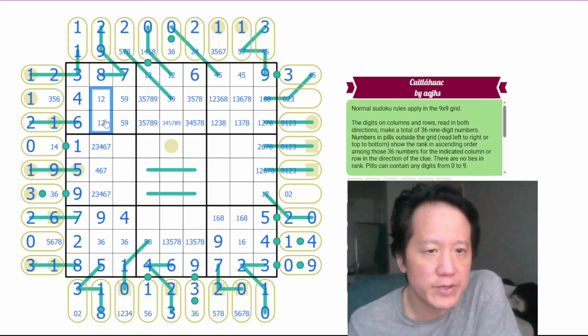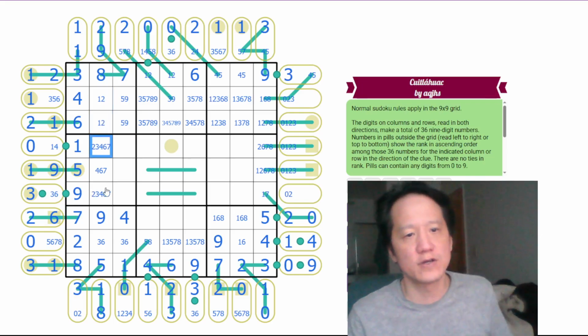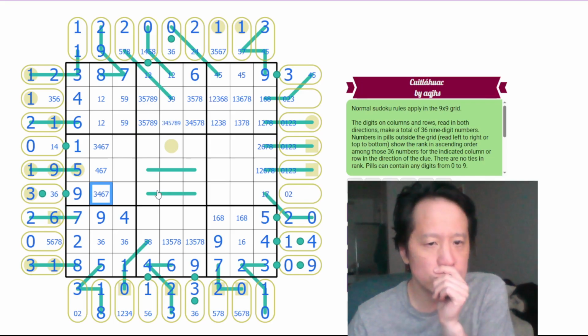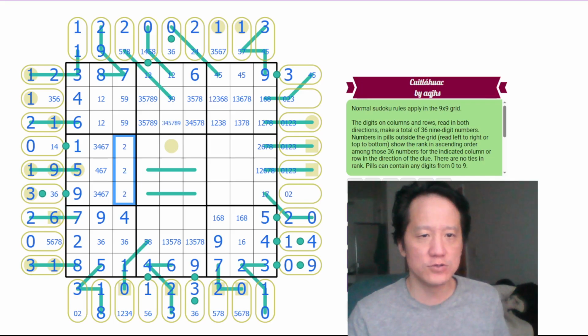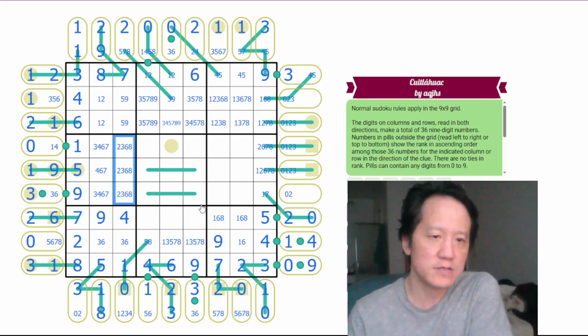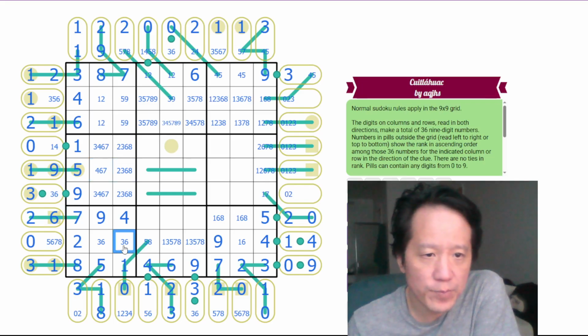This is a 1, 2 pair, which eliminates 1 and 2 in the rest of the column, so this can't be 2. This has to be, what are the possibilities? 2, 3, and 6, and 8. Okay.